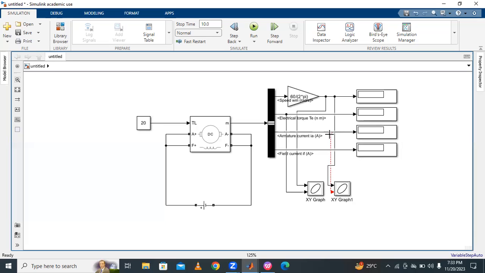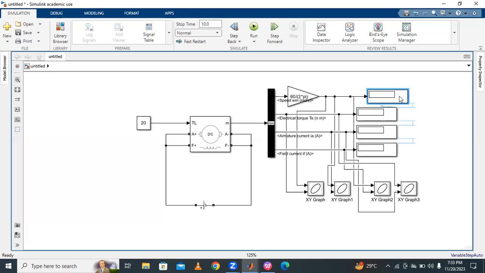Next, third graph, speed versus field current. Take one more graph, torque versus IA characteristics, torque versus armature current. Connect like this. So all graphs are connected.